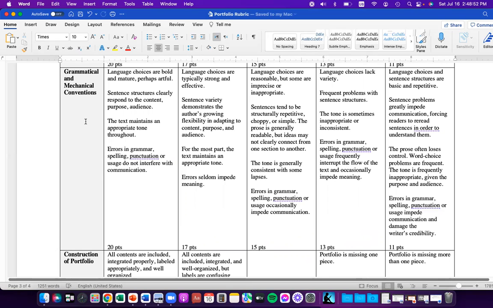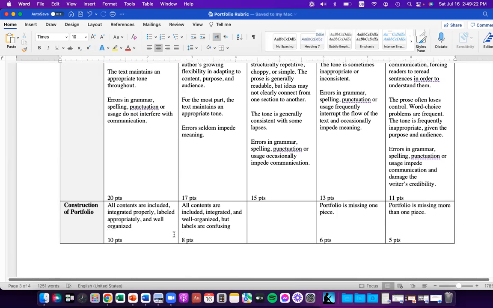You will notice it's the same amount of points as the other three categories, but a lot of students end up in this range, and it doesn't greatly impact the letter grade that they receive a lot of times. Sometimes it does.